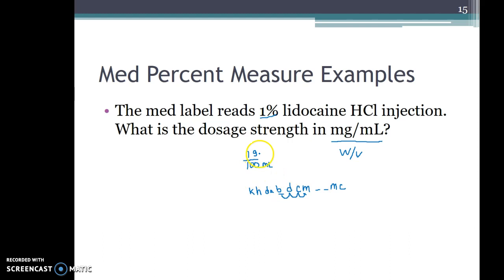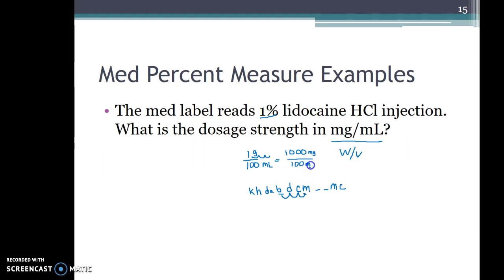So I take my decimal, which would be behind the 1, and move it 1, 2, 3 places. With that, I'll fill in zeros. So I fill in those 3 zeros, and I have 1,000 milligrams per 100 milliliters.